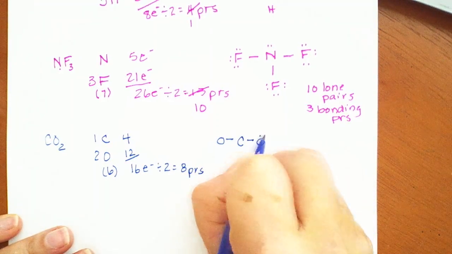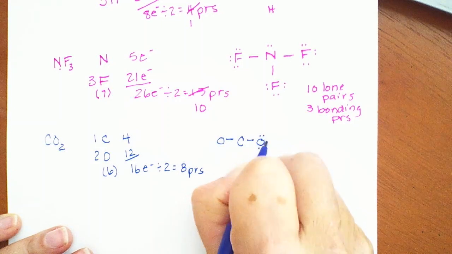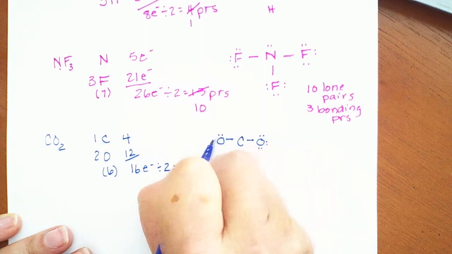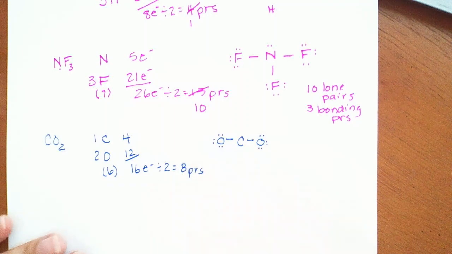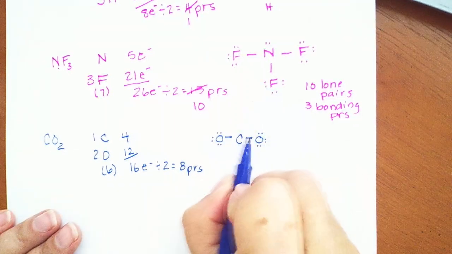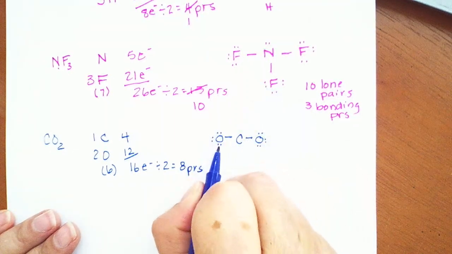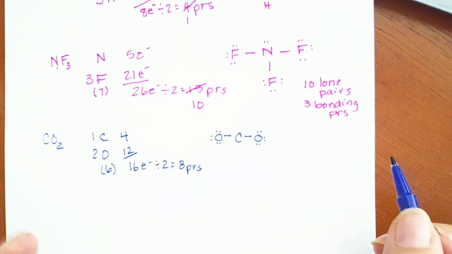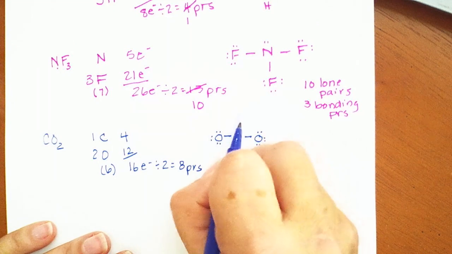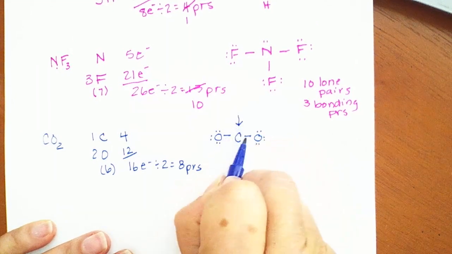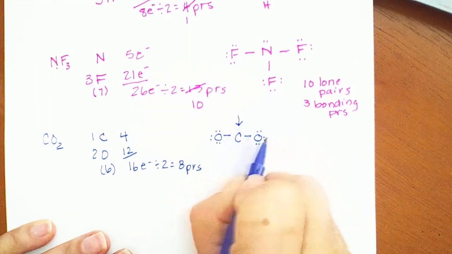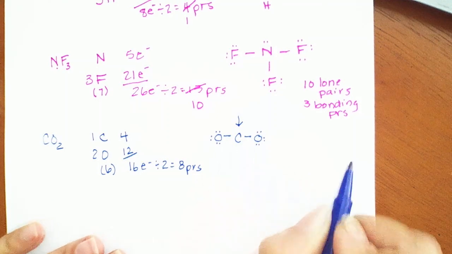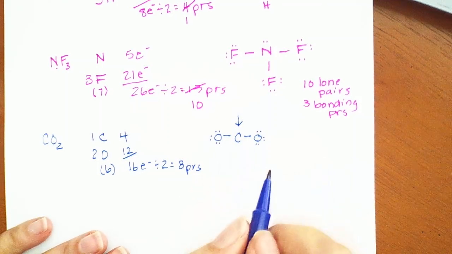Next, I'm going to put the 8 around the oxygen so that each one of my oxygens has an octet. So I have 1, 2, 3, 4, 5, 6, 7, 8. Wait a minute, I've used all my pairs. So now I'm in trouble because my carbon here only has access to 4 electrons. My oxygens are okay, but my carbon only has access to 4 electrons.